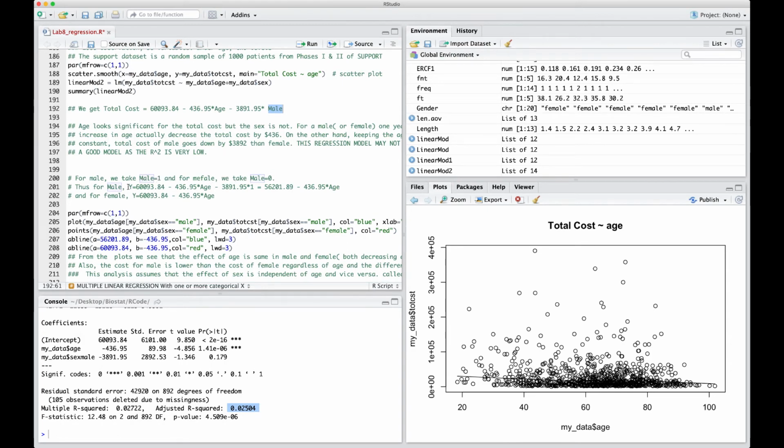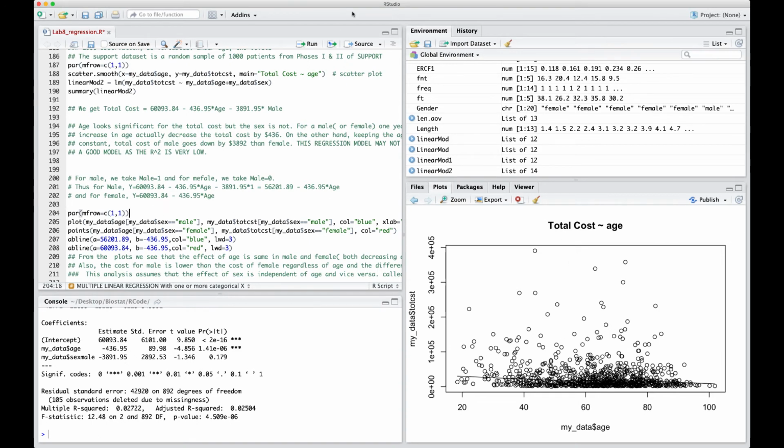Thus for male, y equals this, which, if you simplify, you will get that. Because this is a number, this is another number. If you subtract, this is what you will get. For female, similarly, you will get that one, because male equals 0, and you will get just these two terms for female.